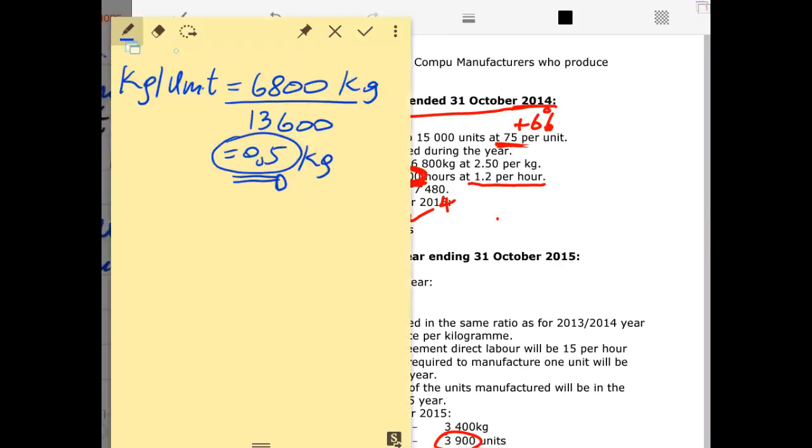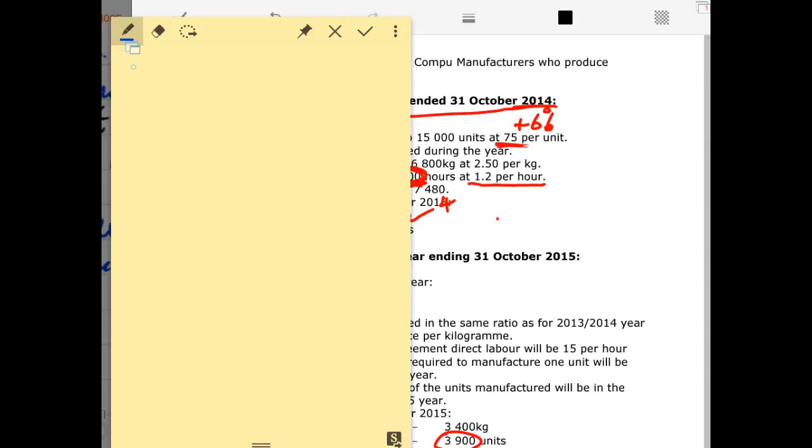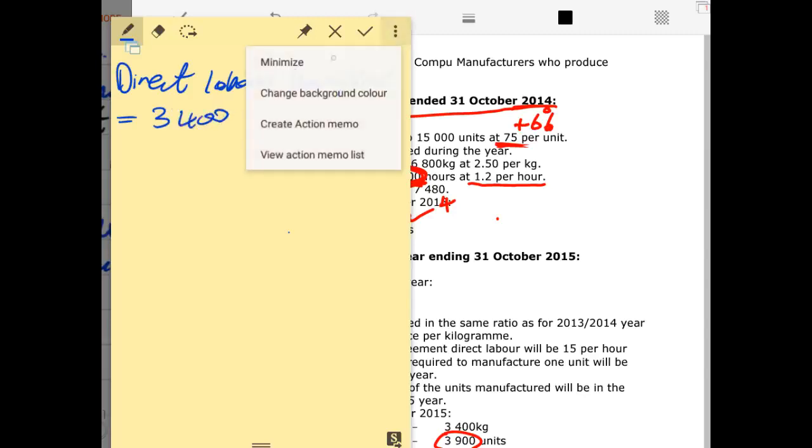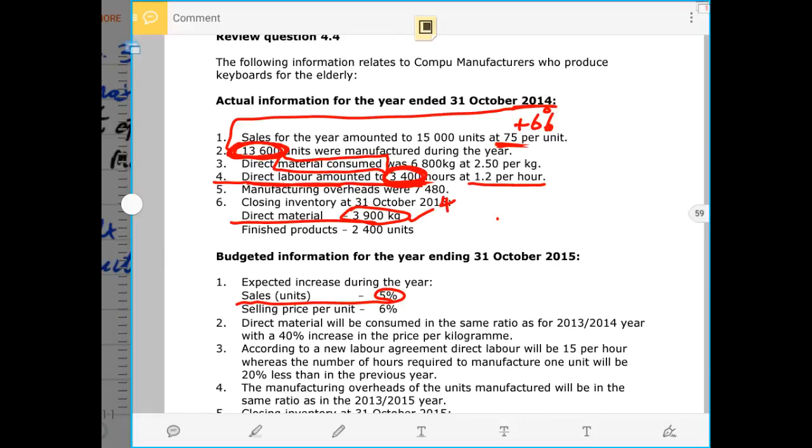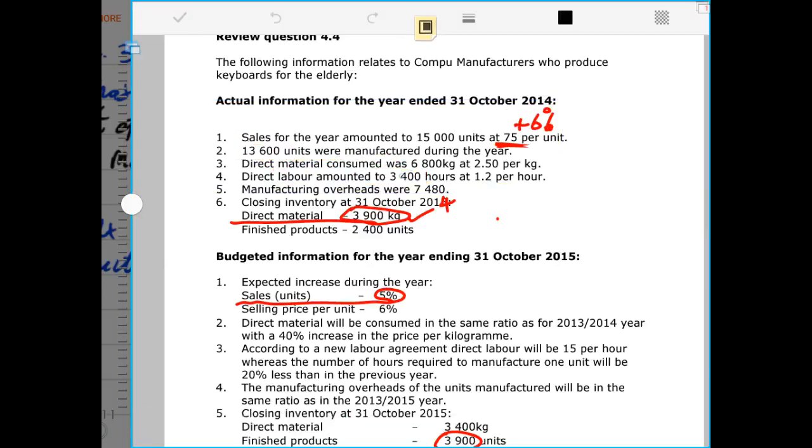So for us to calculate direct labor hours per unit, we need the total hours, and the total hours is 3,400 hours. If we take the total hours and divide by the total units that were manufactured, that will give us the number of hours it takes to complete one unit.